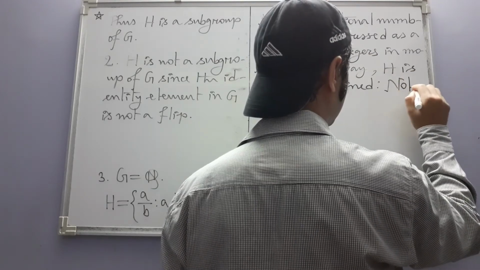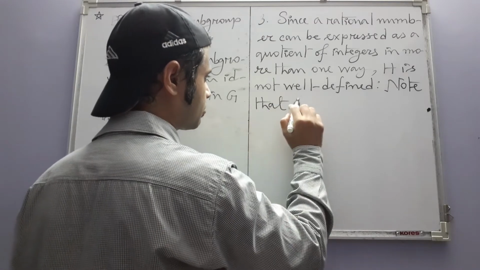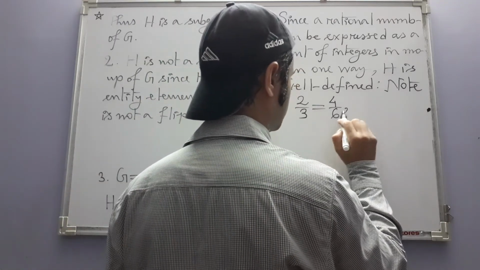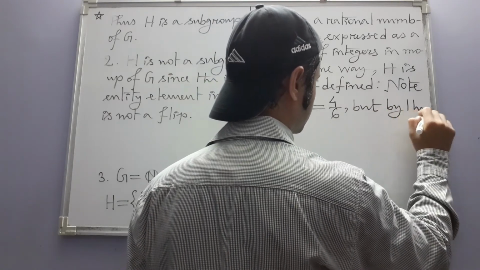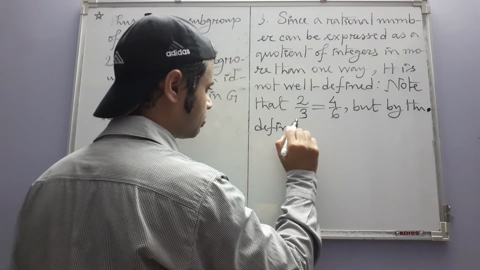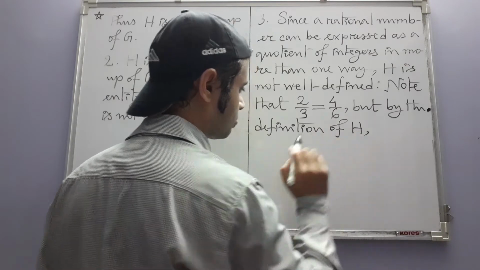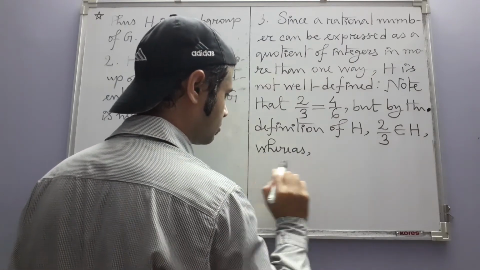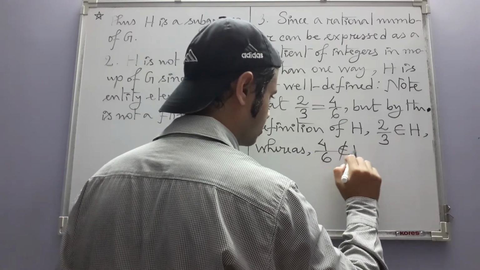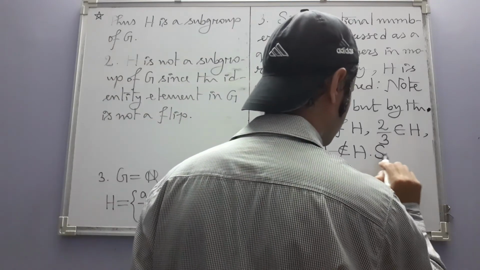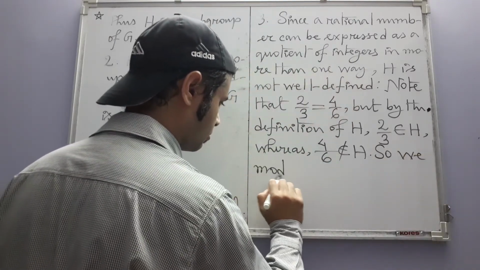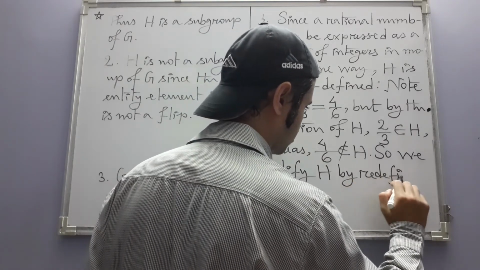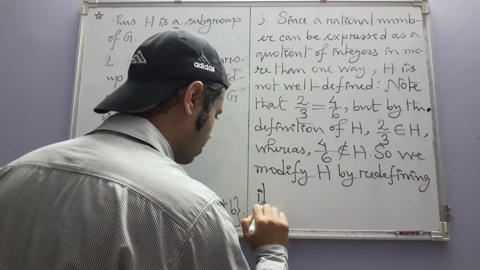Note that 2 divided by 3 is equal to 4 divided by 6, but by the definition of H, this belongs to H, whereas this does not belong to H. So we modify H by redefining it as follows.